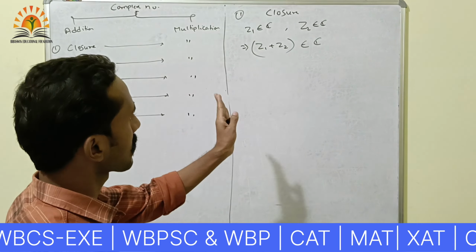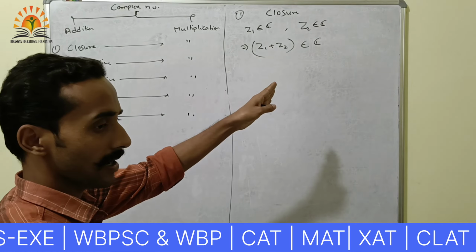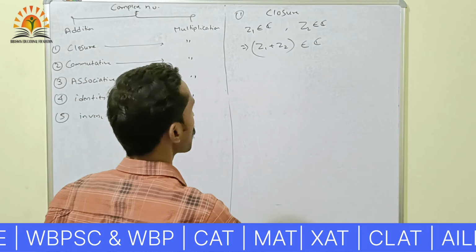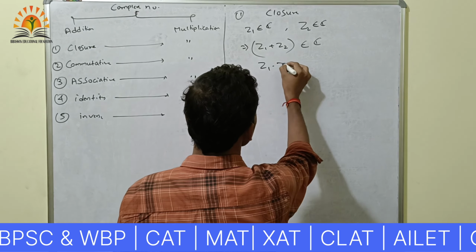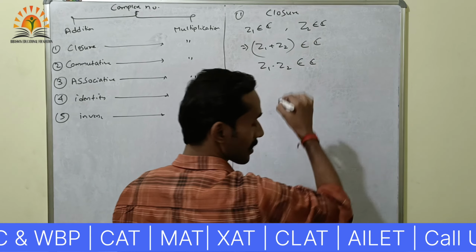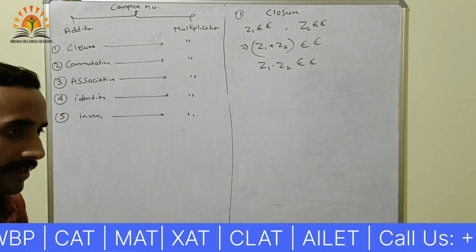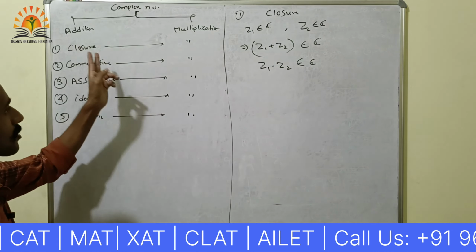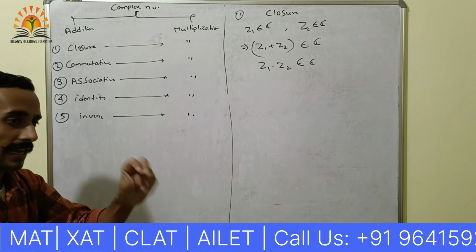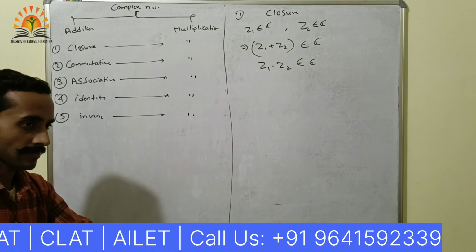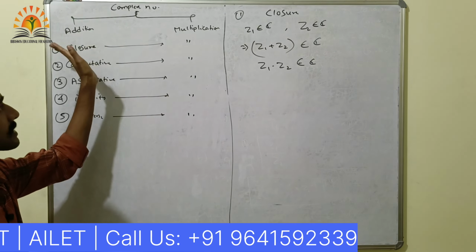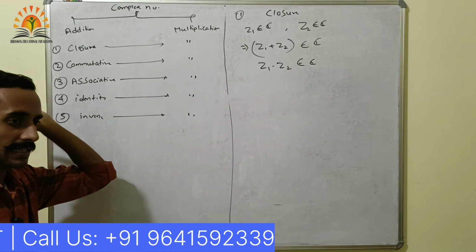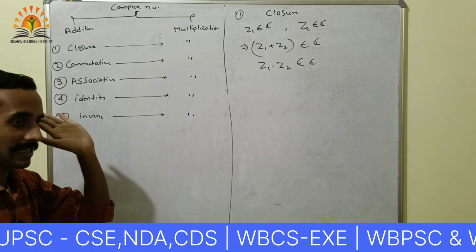Means if I add both numbers, the result always belongs to complex numbers, and if we multiply them, it also belongs to complex numbers. But it is not applicable in subtraction and division in some instances, so we do not include subtraction and division here.